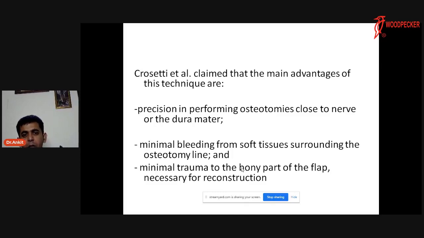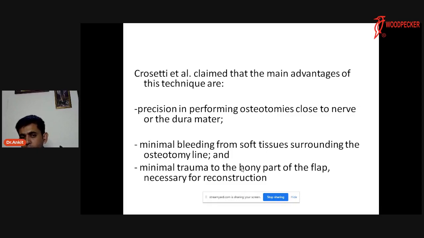Minimal bleeding from the soft tissues surrounding the osteotomy line is noted, which we have already seen is due to the phenomenon of cavitation. We have noted that minimal bleeding occurs when we do the procedure with the help of a piezotome, right? And when we do nerve lateralization surgery using a piezotome, we have also noted that there is minimal trauma to the bony part of the flap that is required for reconstruction, which you have already seen.